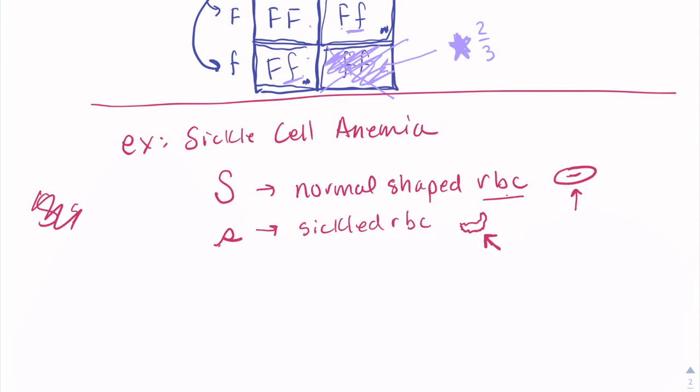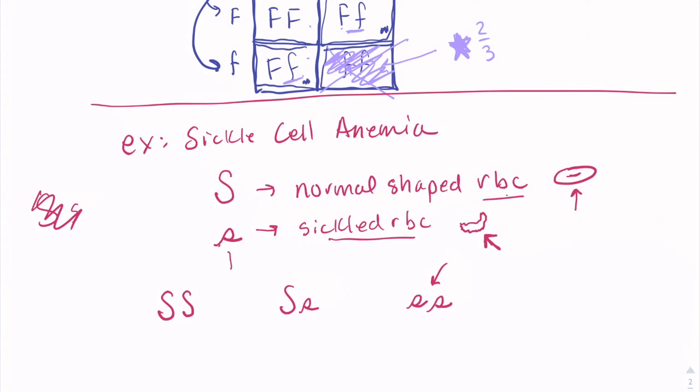So individuals can either be homozygous dominant, heterozygous, or homozygous recessive. This is the affected individual with sickled red blood cells. It's the same inheritance pattern as cystic fibrosis. It's autosomal recessive. But what's slightly interesting about sickle cell anemia are 2 things.